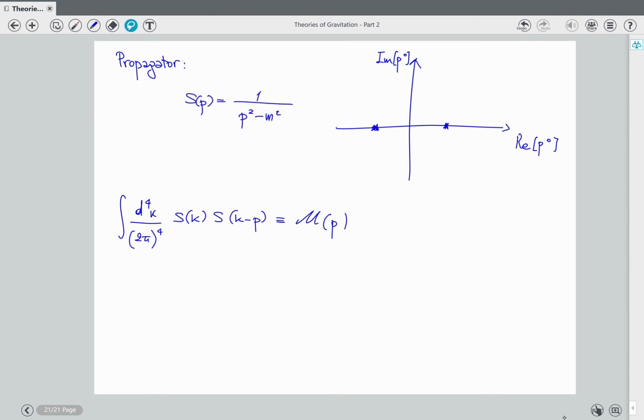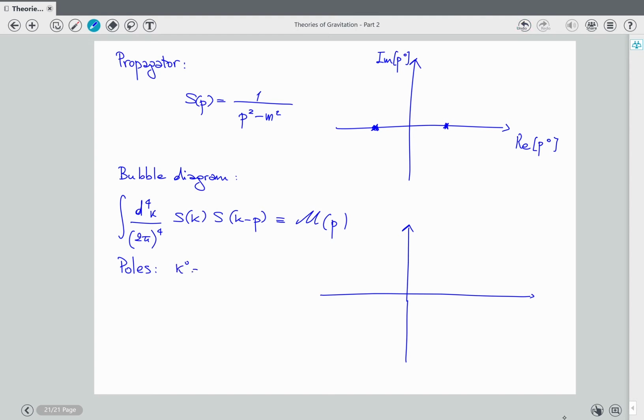But now we want the same for the bubble diagram. And now you have two propagators. So the poles are those of the first propagator and those of the second propagator.